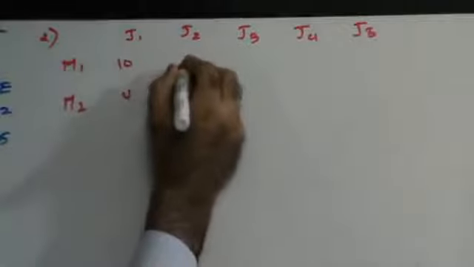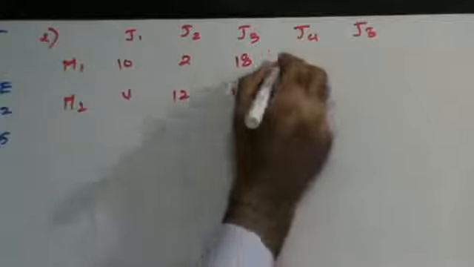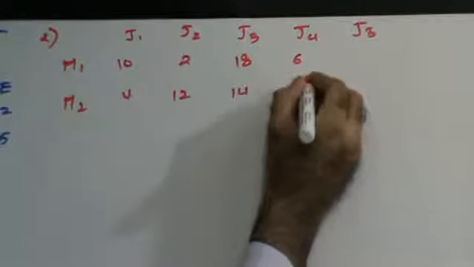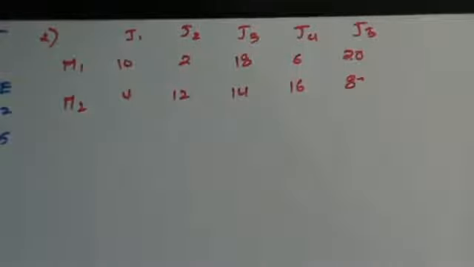Machine 1 times: 10, 4, 2, 12, 18. Machine 2 times: 14, 6, 16, 28. Right? Let's start this.